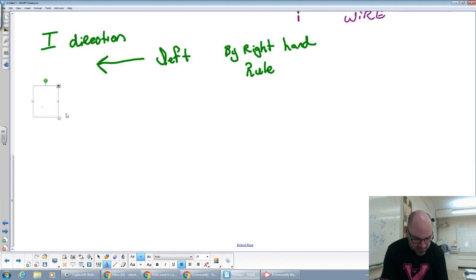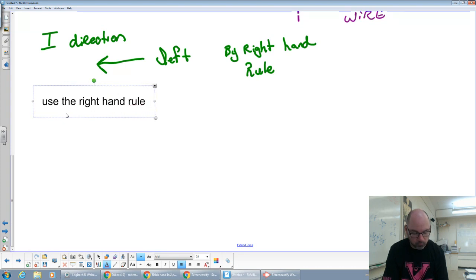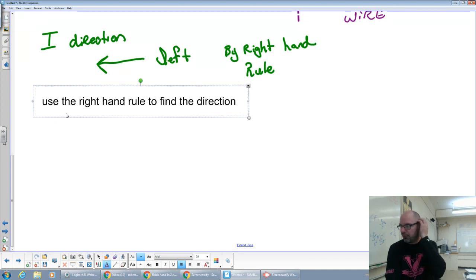Use the right-hand rule to find the direction of the magnetic field.